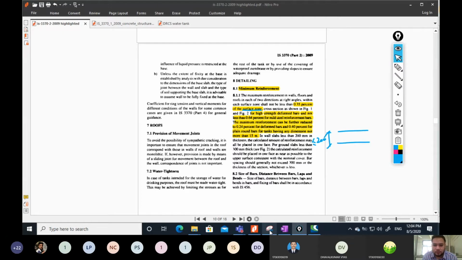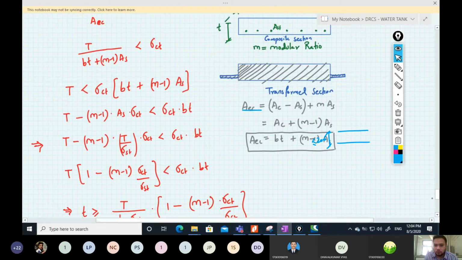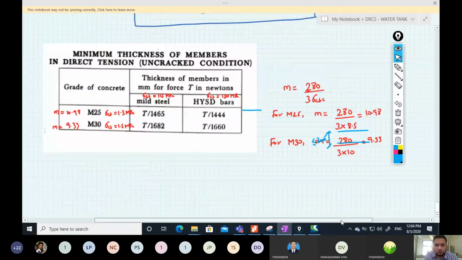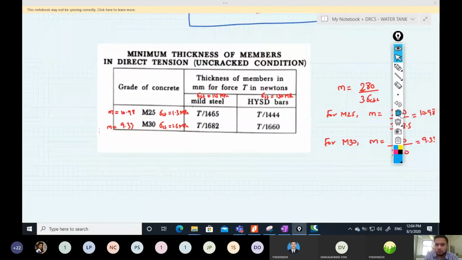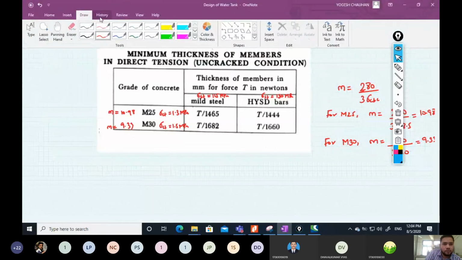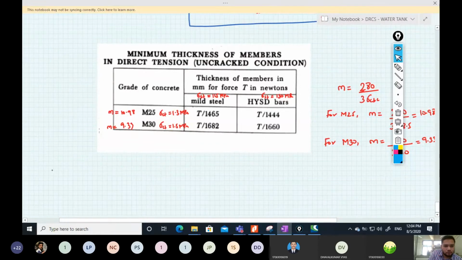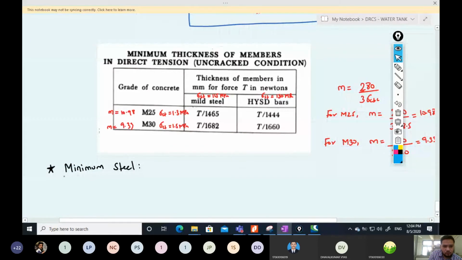So for this, that is given in clause 8.1.